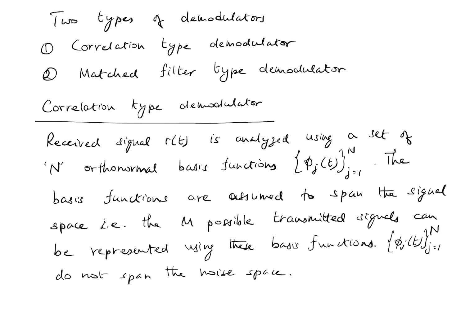The focus of our discussion for today is going to be on the correlation type of demodulator. We will discuss today how it works, and how the general functionality of the demodulator is to convert the waveform into its vector representation.